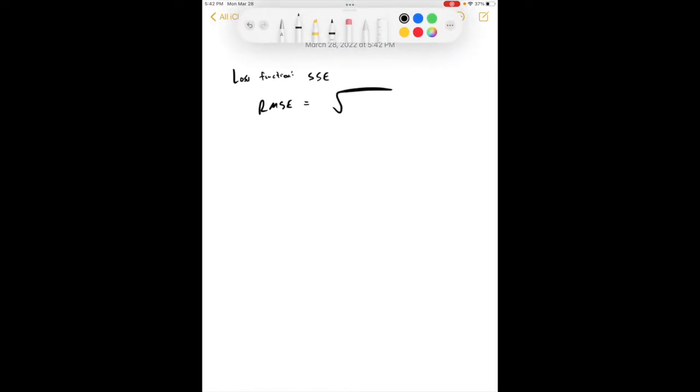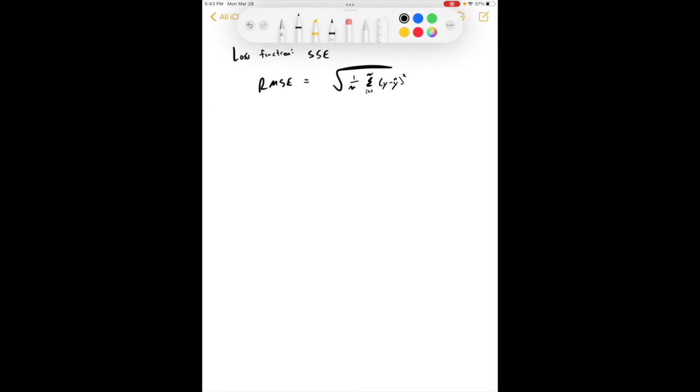So the root mean squared error, we had the square root of the mean. So the mean, I'm going to do 1 over n, squared error. So we're going to add up all of the errors, square them, divide by n, and take the square root. All right, there's the root mean squared error.